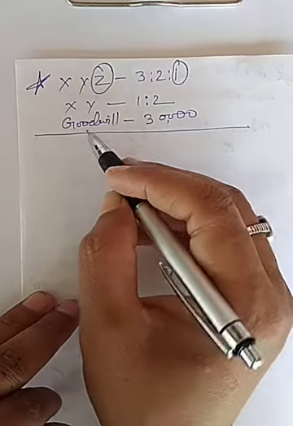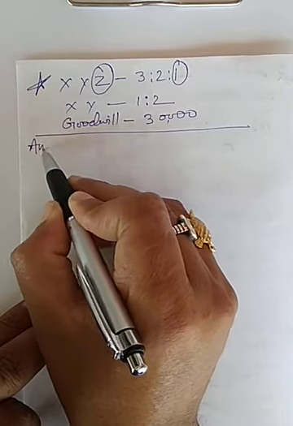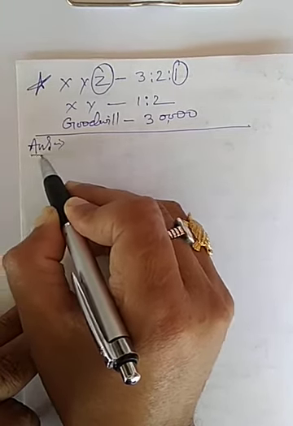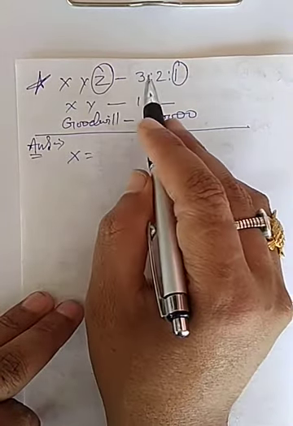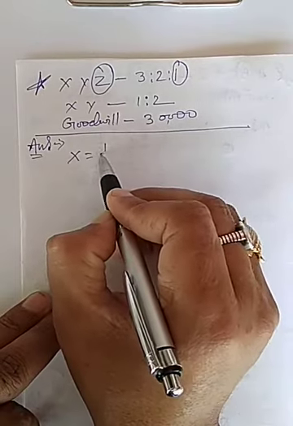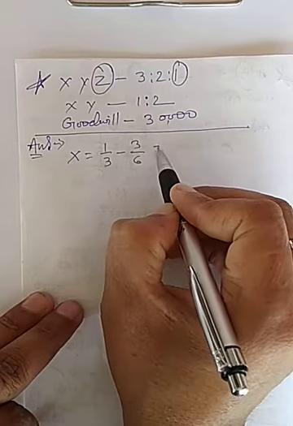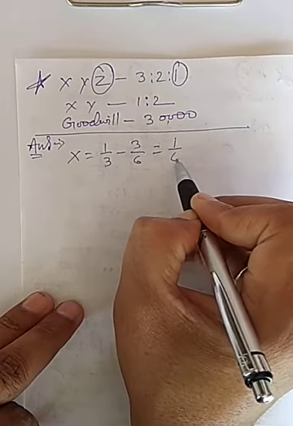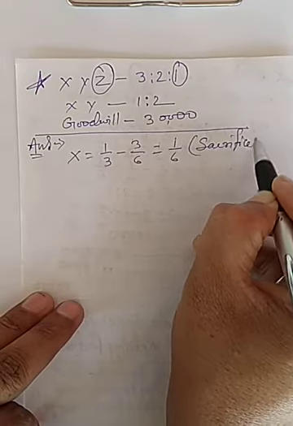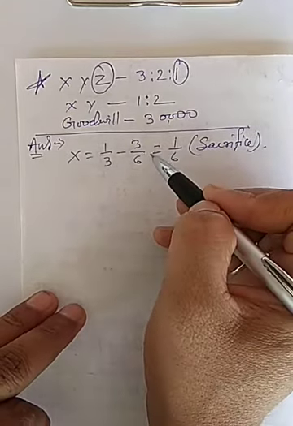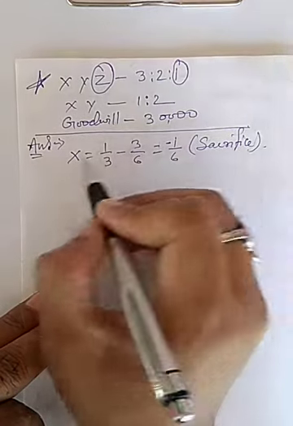So first I will calculate the gaining ratio of partner X, equal to new ratio minus old ratio: 1 by 3 minus 3 by 6. 1 by 6 will be sacrificed. The answer comes in minus, so it is a sacrifice.